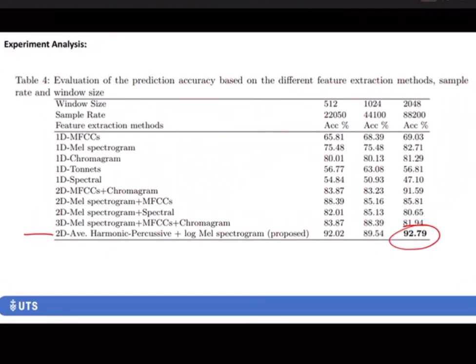Our result on test data is 92.79%. Based on this experiment, when we increase the window size and sample rate, we decrease the hop length and increase the overlap between frames. That's why we get more data points involved in each subsample.